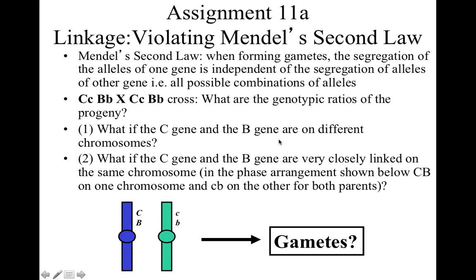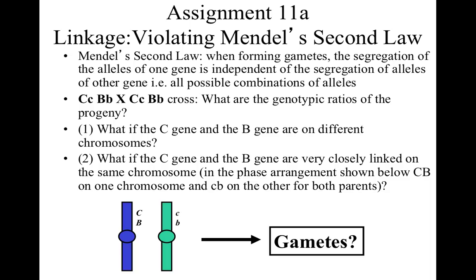The second case is what if the B and C genes are tightly linked on the same chromosome so that the recombination frequency is 0 between them? For both parents, the phase of the alleles is big B and big C are linked together on one chromosome, and little b and little c alleles are linked together on the other chromosome. So what's the outcome, the genotypic ratio, from this cross?